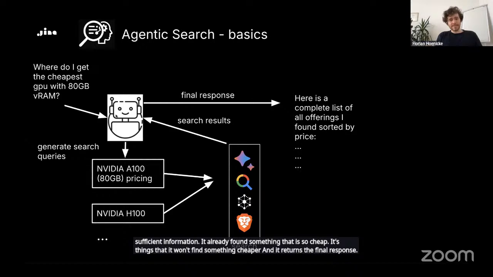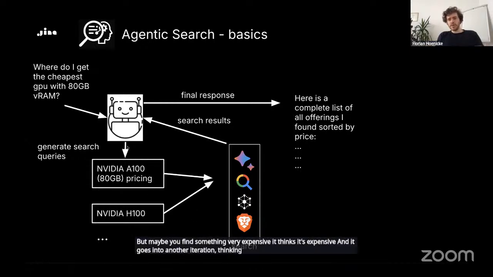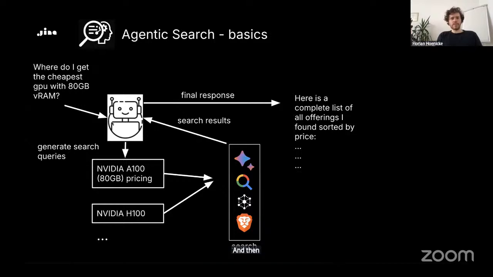But maybe it finds something very expensive. It thinks it's expensive, and it goes into another iteration, thinking again about new search terms it can feed into these engines and then get proper search results. And it goes on until at some point it thinks it can output a final response.